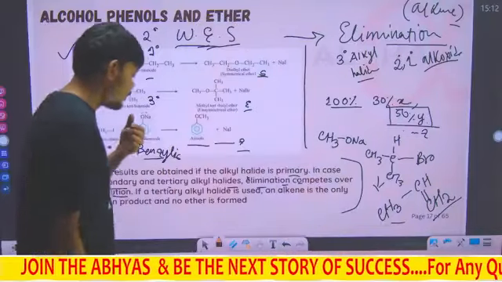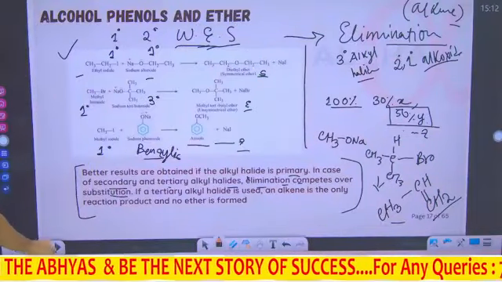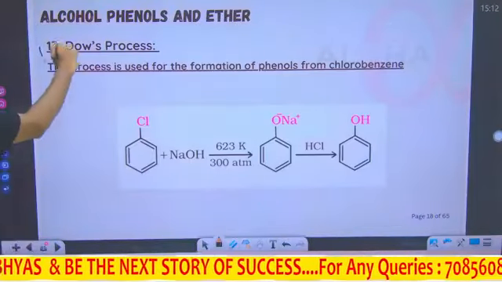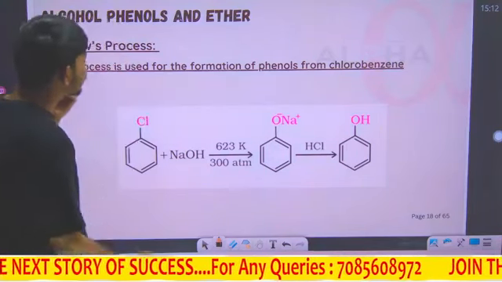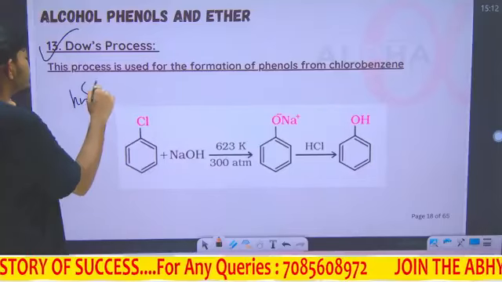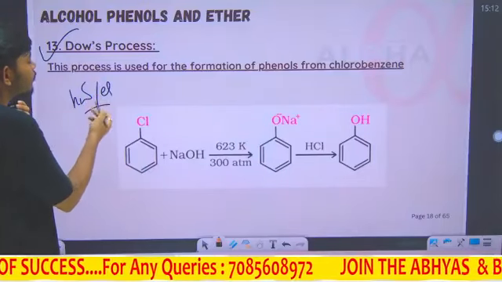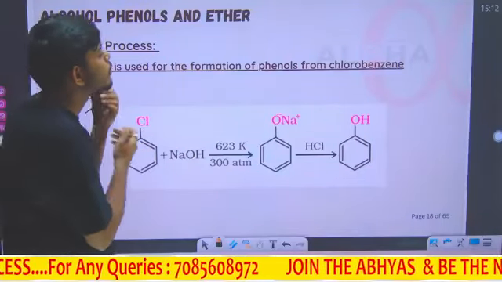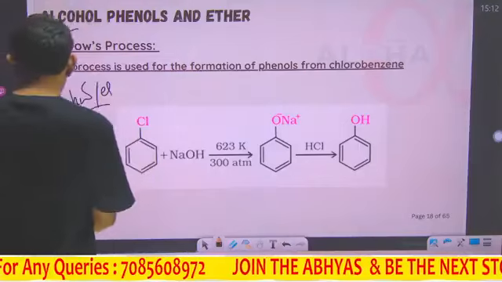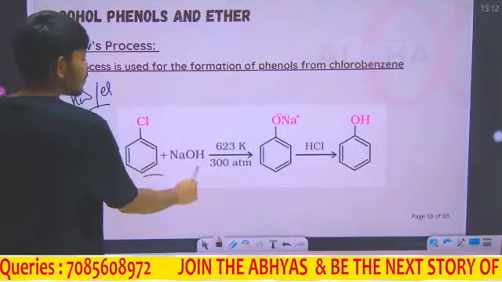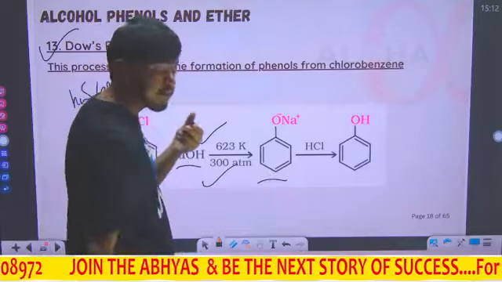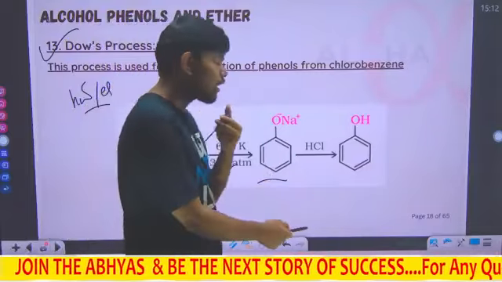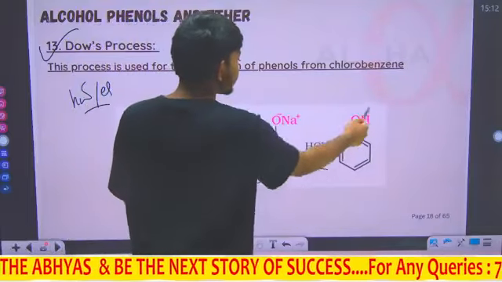This is your alkene. So moving on, we have Dow's process, a simple process used for formation of phenol from chlorobenzene. You do not have to add Cl from here and there, whatever you are doing. Chlorobenzene you get. So NaOH at high temperature, at high pressure, gives the phenoxide ion, and you react with HCl and H comes over here.